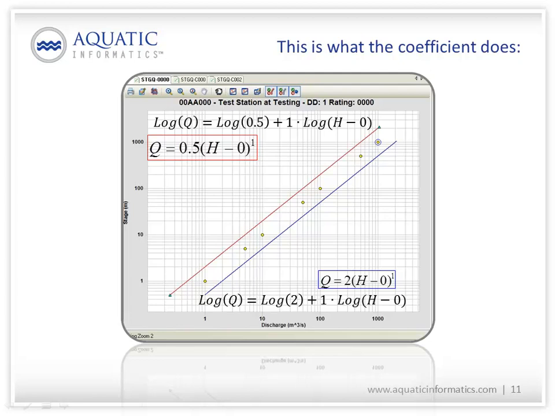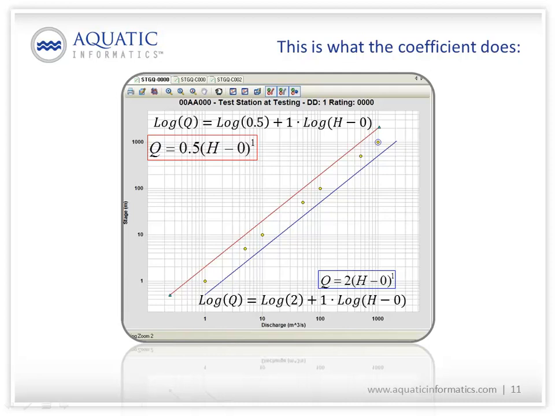We can now start to look at how manipulating the parameters in our rating equation actually affects our rating curve. The red line represents where we've reduced our coefficient from 1 to 0.5, which has translated the entire curve to the left.